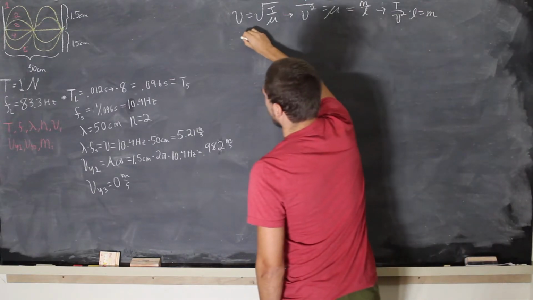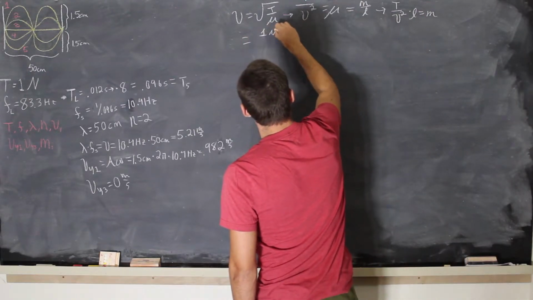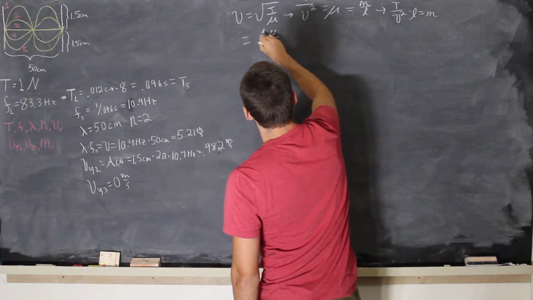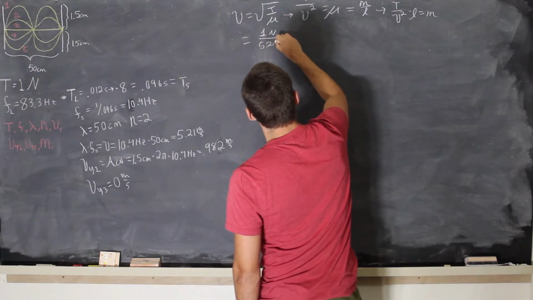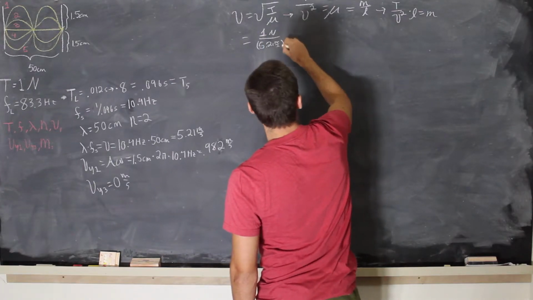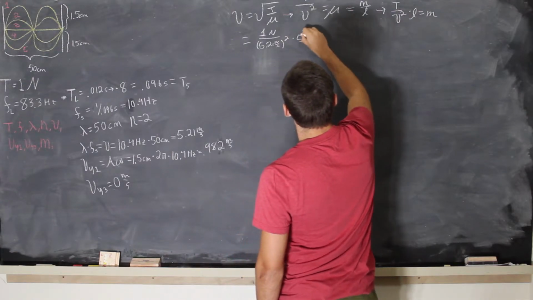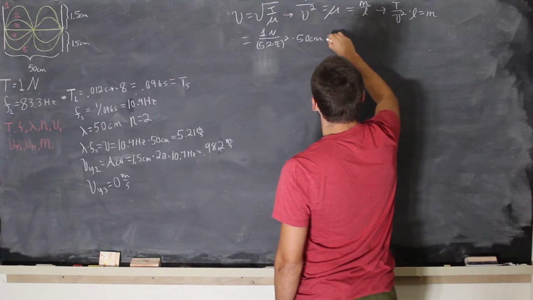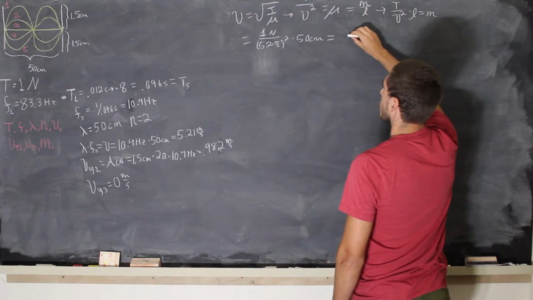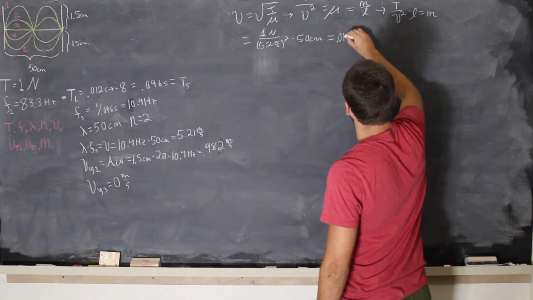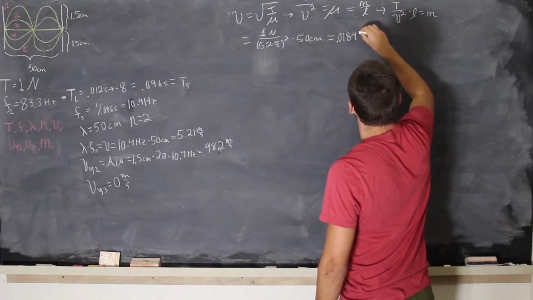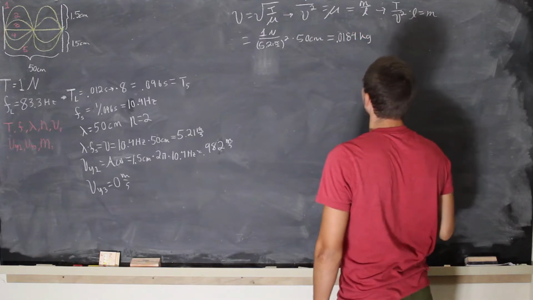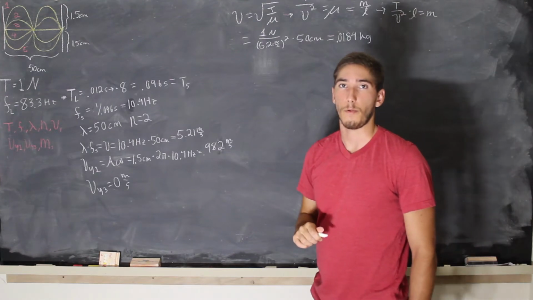And that's going to be equal to 1 Newton over 5.21 meters per second squared times 50 centimeters, which is going to be equal to roughly 0.0184 kilograms. Alright, on to the next problem.